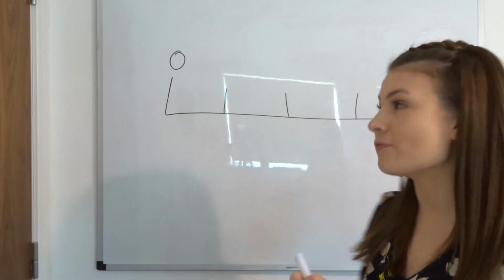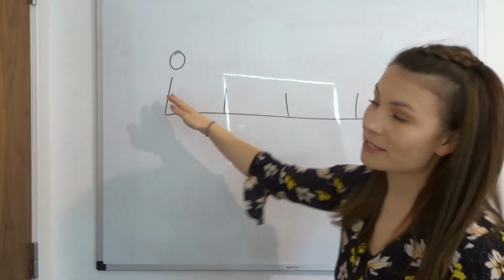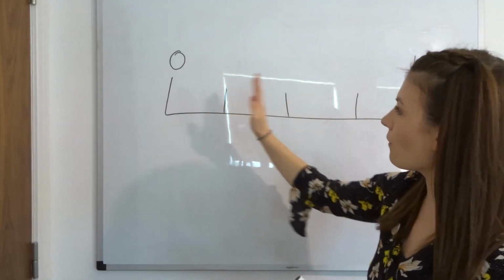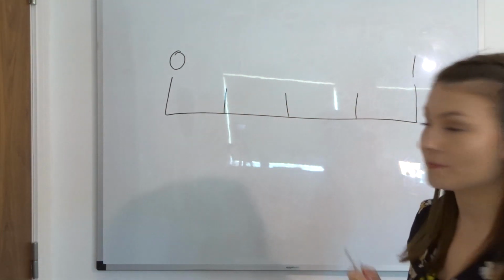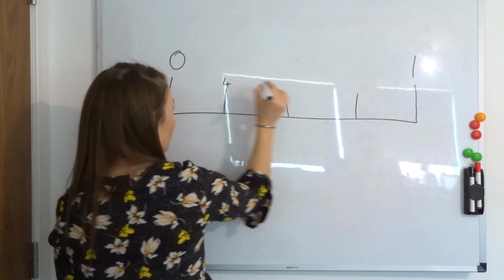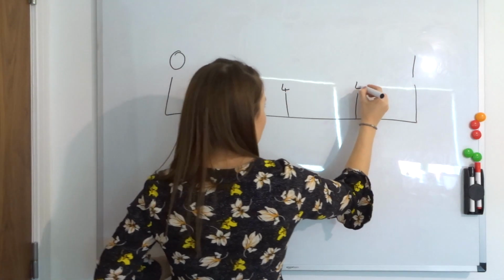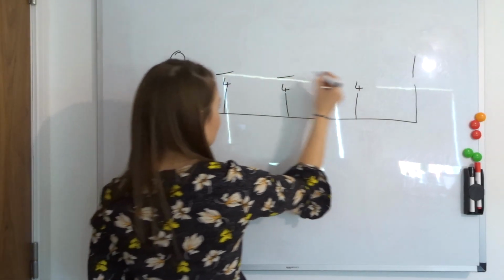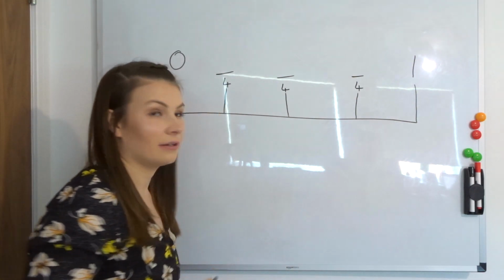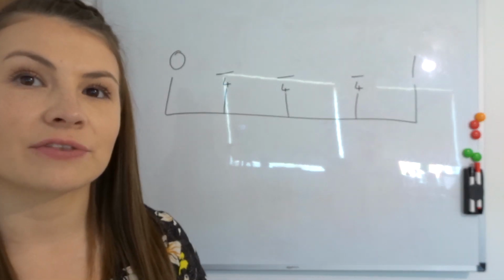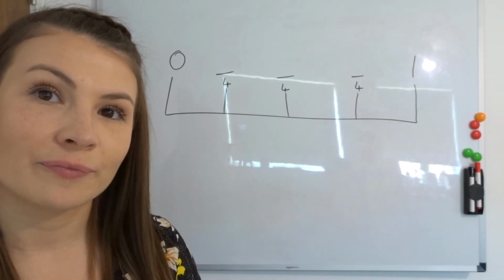You're right, it will be 4 because we split it up. We've split our number line up into 4 equal parts. So I'm going to put little 4, little 4, little 4, and I'm going to draw the lines above.